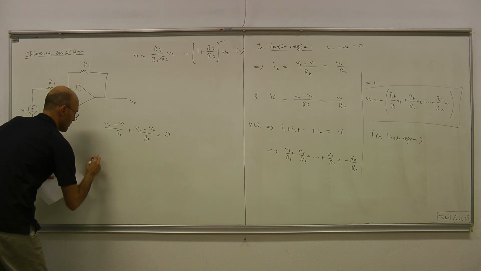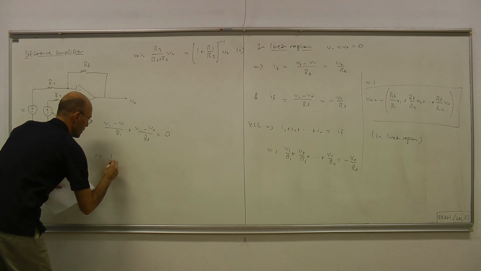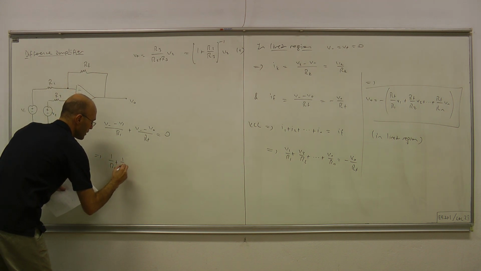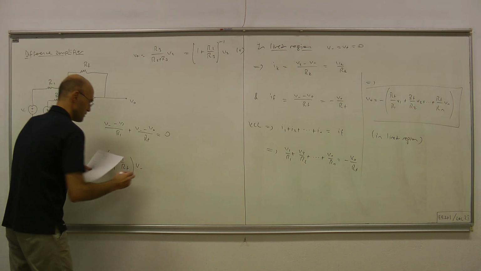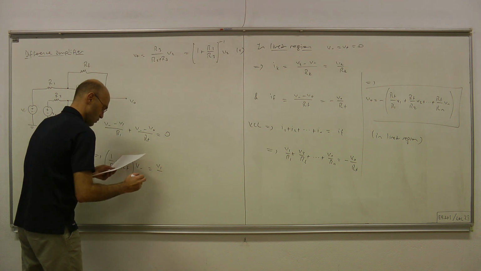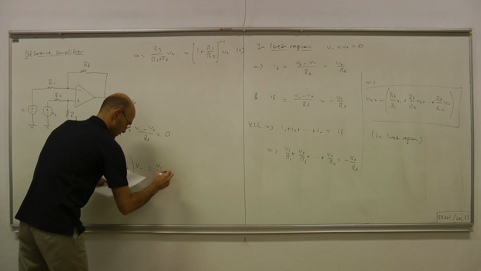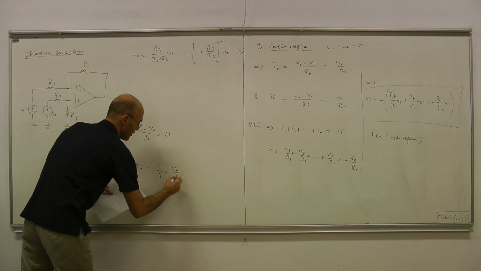Therefore, we can write 1 over R1 plus 1 over RF times V minus equals V1 over R1 plus V out over RF.